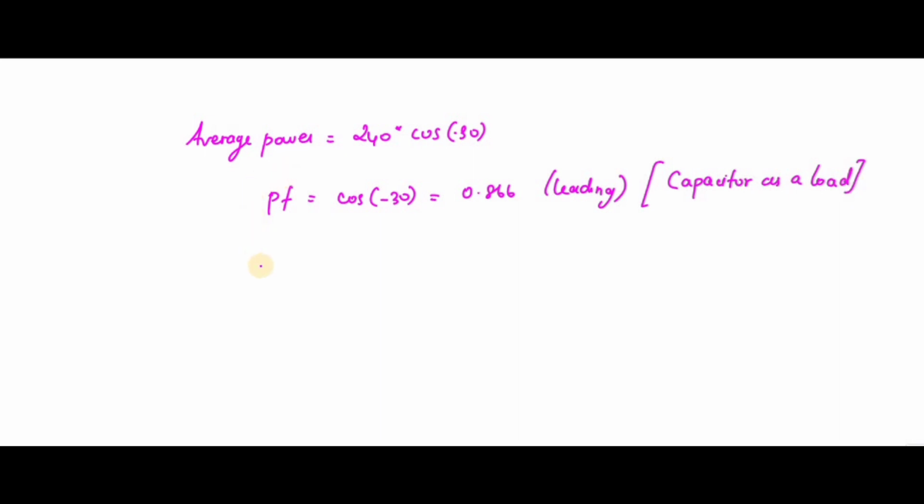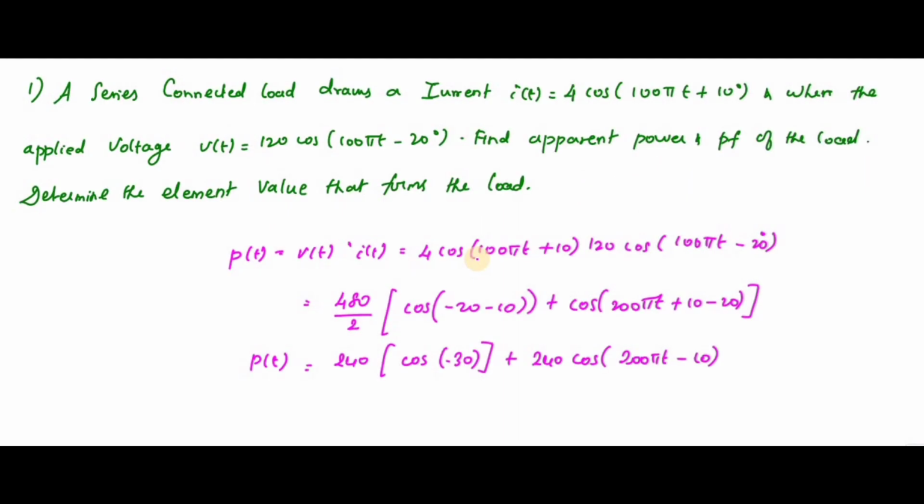So what is Z? Z is equal to Vrms divided by Irms into del V minus del I. What is Vrms and Irms? Vrms is 120 divided by root 2 and Irms is 4 divided by root 2, right?